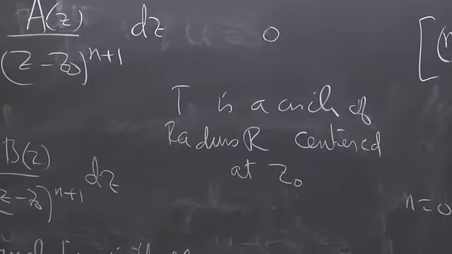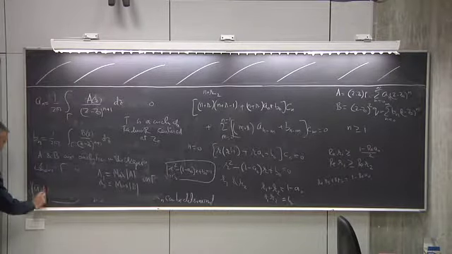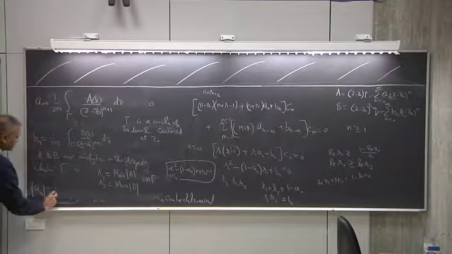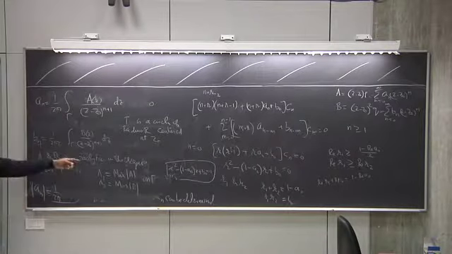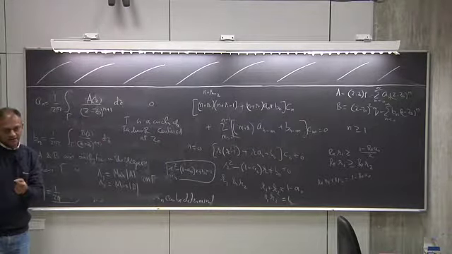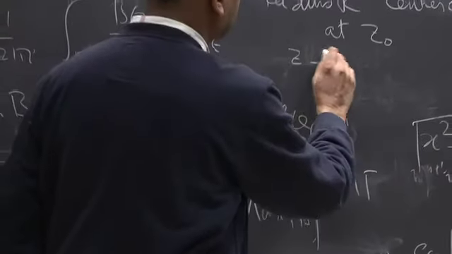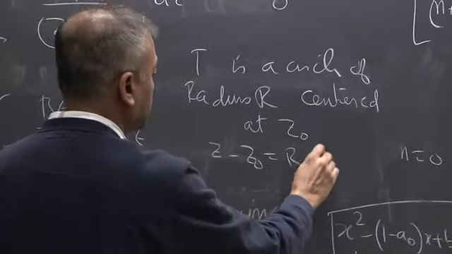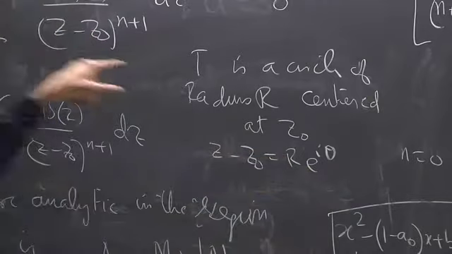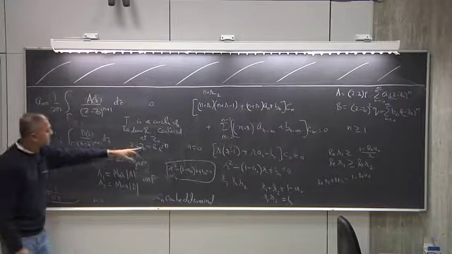Therefore, the absolute value of a n will be, there's a 1 over 2 pi, and on the circle I can always write z minus z0 equal to r times e to the i theta, where r is the radius, and we integrate theta between 0 and 2 pi. Let's see how many r's there are.